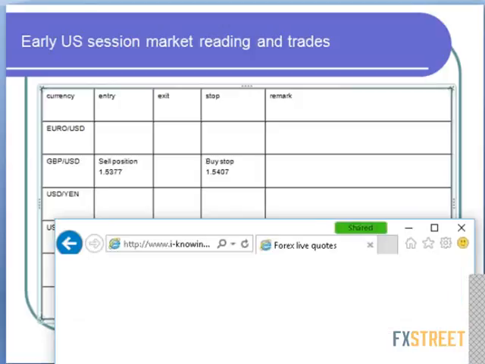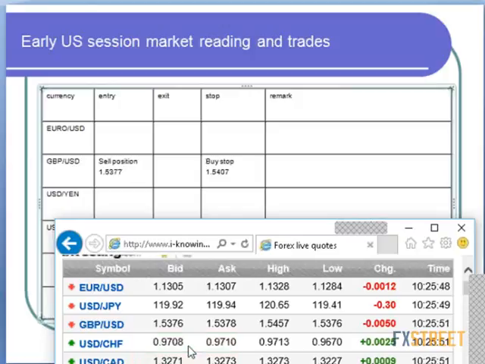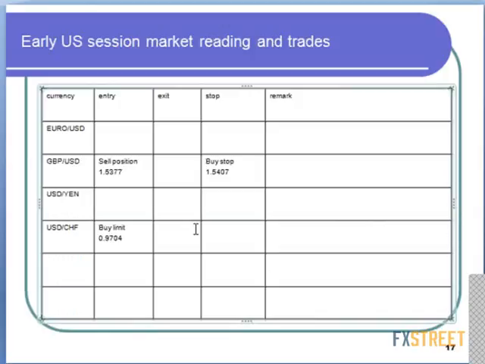0.9704, just about 3-4 pips above the current market level. When they make a dip, then we will get a fine-tuned entry. Then we will keep the sell stop at 0.9674.